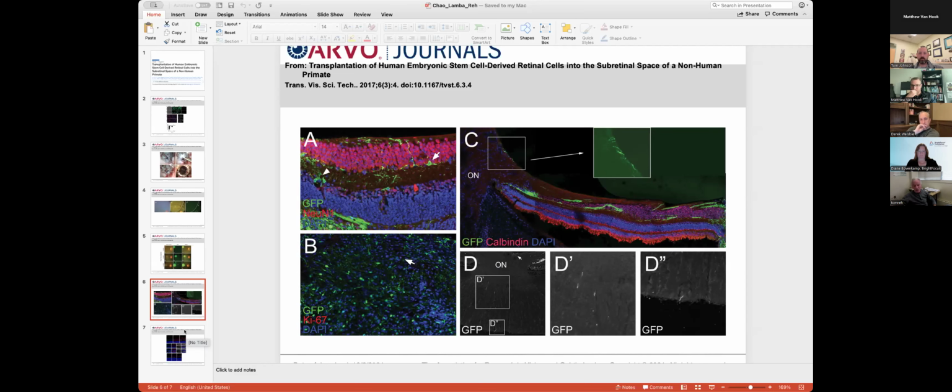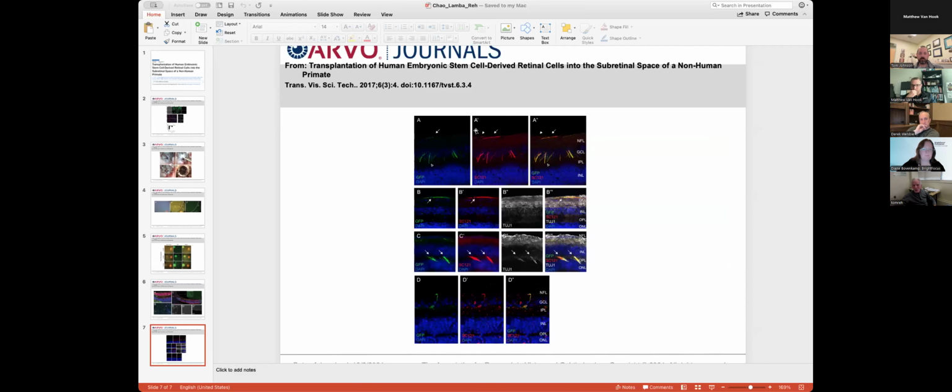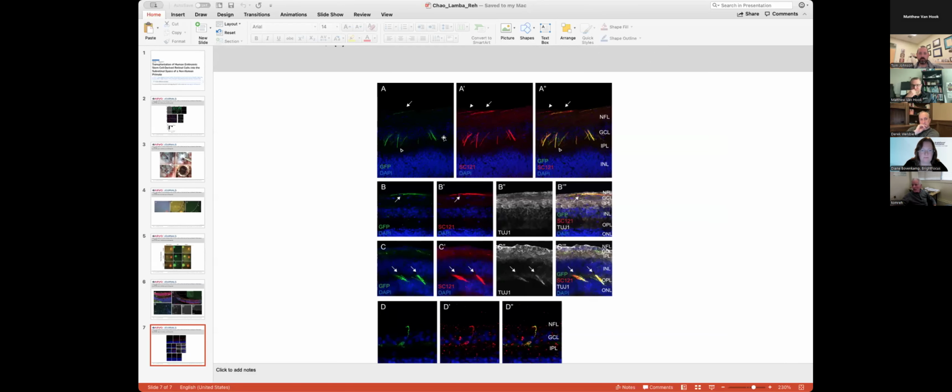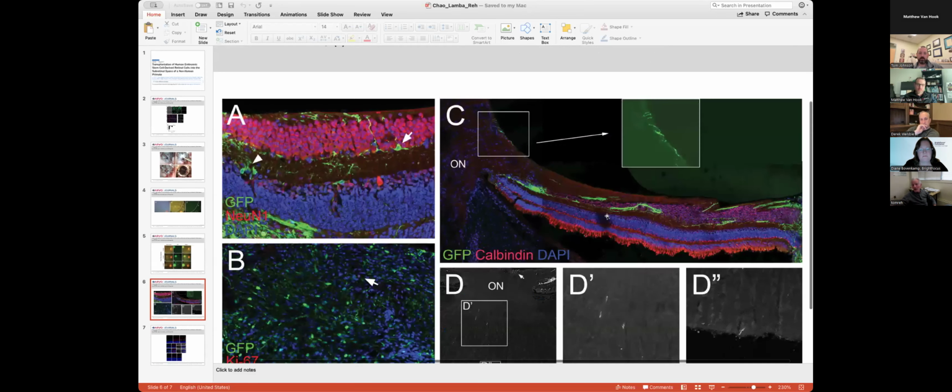This is an adult squirrel monkey. Then we did further characterization of these just to make sure it wasn't material transfer or anything like that. We looked at the GFP, and then we used human-specific antibodies that would stain for the axons that were also GFP labeled. The other thing that was quite clear was they're not growing the way normal axons are.